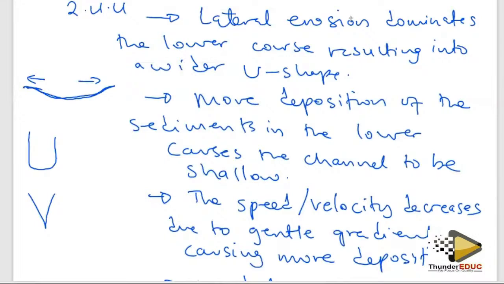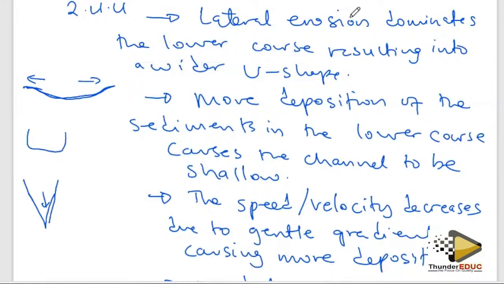In the lower course, more deposition causes the channel to be shallow. Because you can see that this one is deep. Also, this one is deep. Actually, it was supposed to be like this, the middle course. And this one is very, very deep, the upper course.